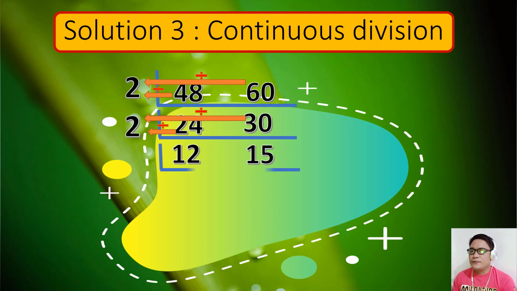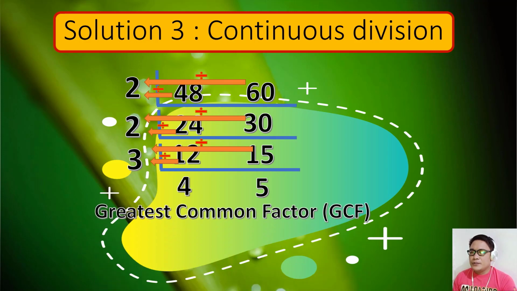Next, we have 12 and 15. So the possible prime number that can divide 12 and 15 is 3. So 12 divided by 3 equals 4, and 15 divided by 3 is 5. 4 and 5 have no common prime divisor. So multiply all the prime divisors common to the given numbers to get the GCF.